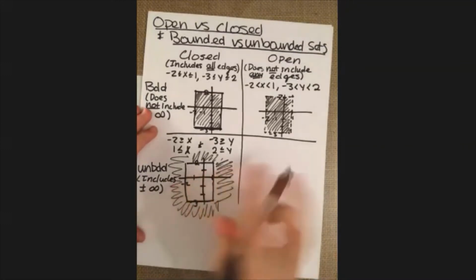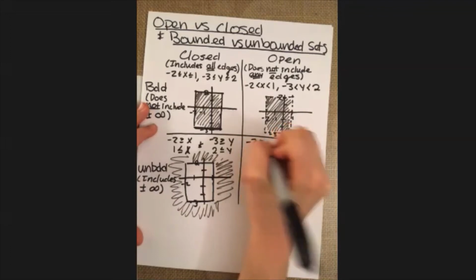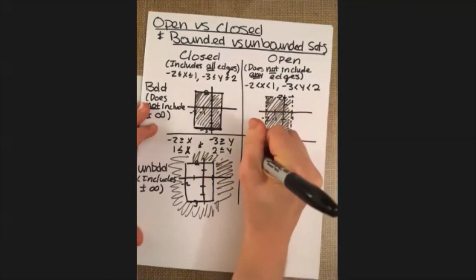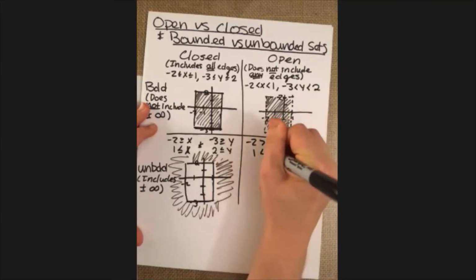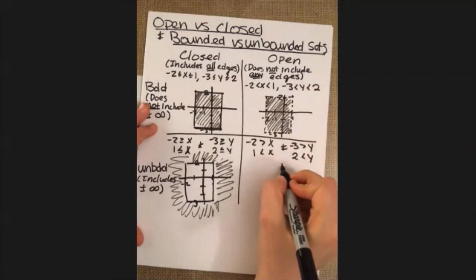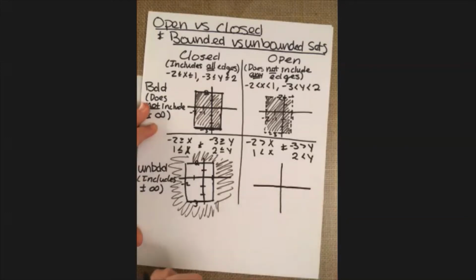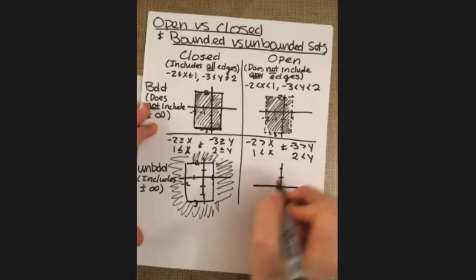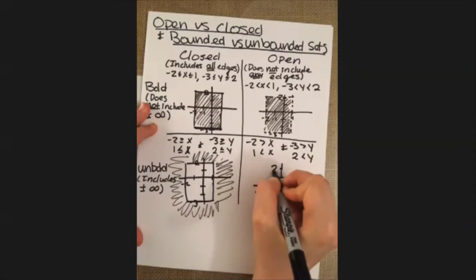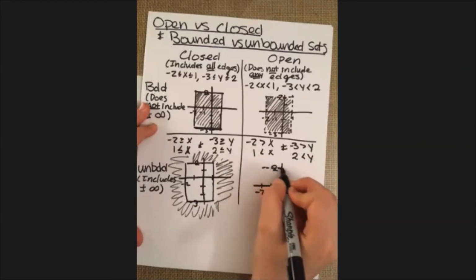We get a really similar picture when we look at something that's open and unbounded. We can have the same example, except we drop the equalities. And then my picture would look just like this, dashed lines once again.